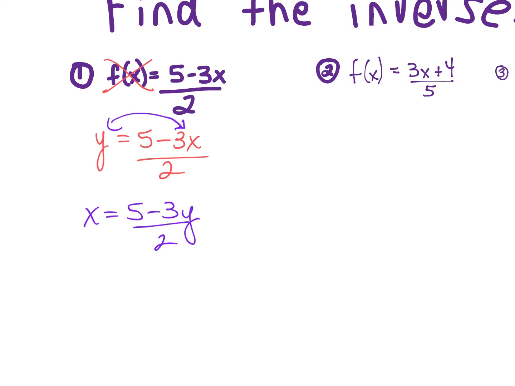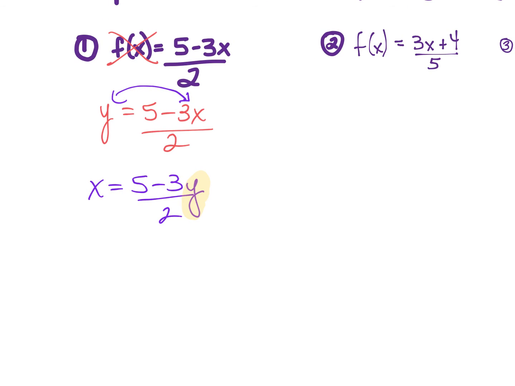Solve for the y. This is my new y. That's what I'm talking about. So you're just going to solve for y. Algebraically, how do I solve for y? Multiply both sides by 2. Agreed. So my 2's cancel out. I have 2x equals 5 minus 3y. Then what?